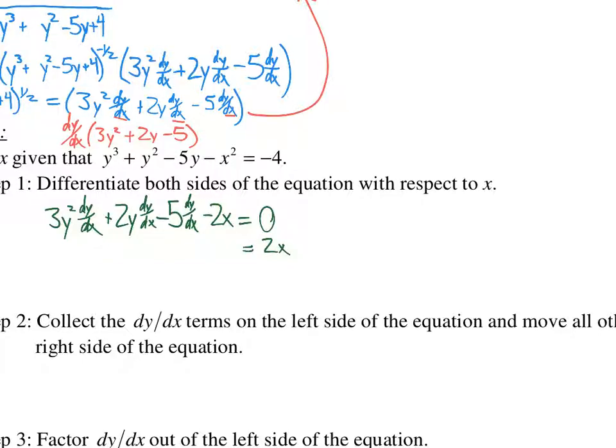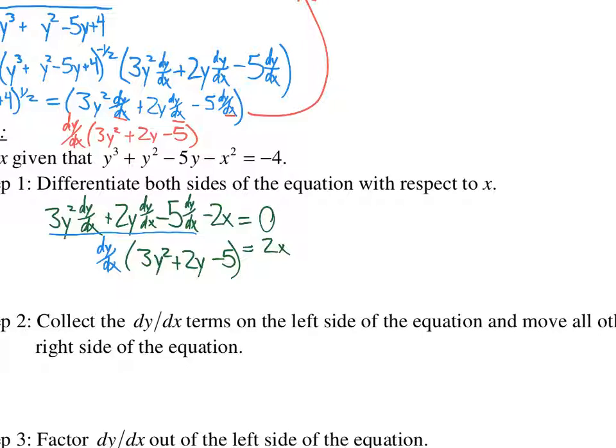And all that's left over here are these three terms. And all three of them have a dy/dx. So we can factor that out. And what's left is a 3y squared plus 2y minus 5. Whoops, and that's actually step 2. I got carried away a little bit. Okay, so there's our step 2.